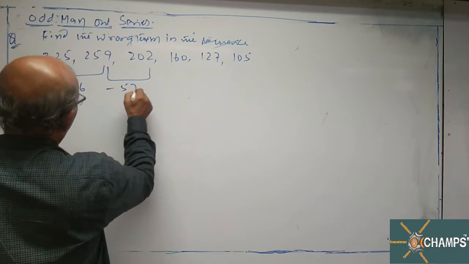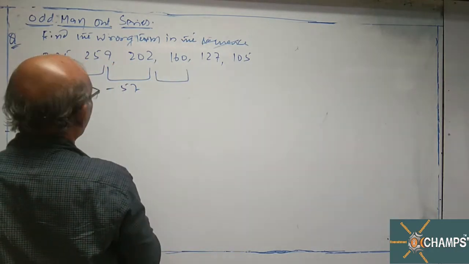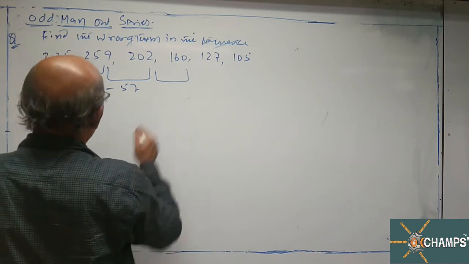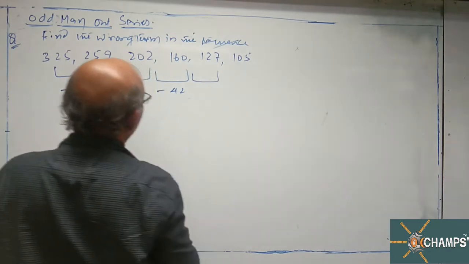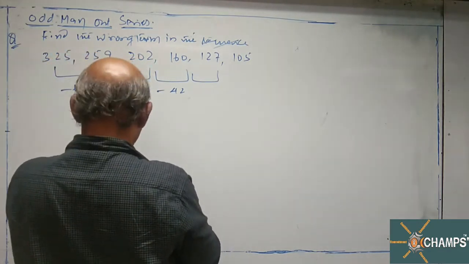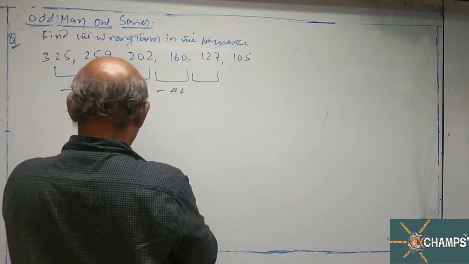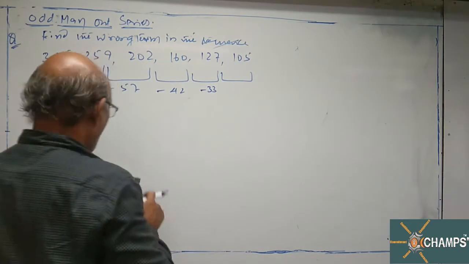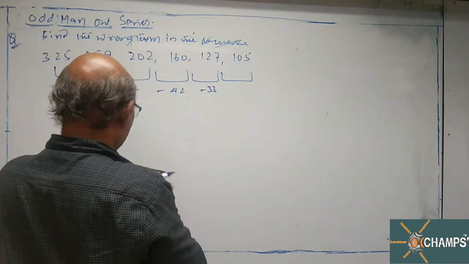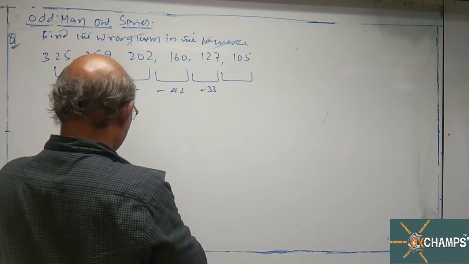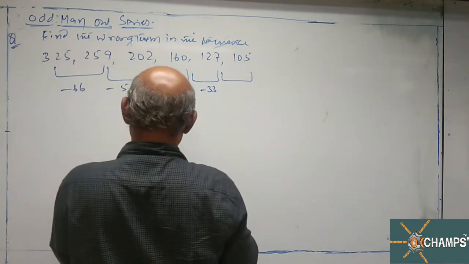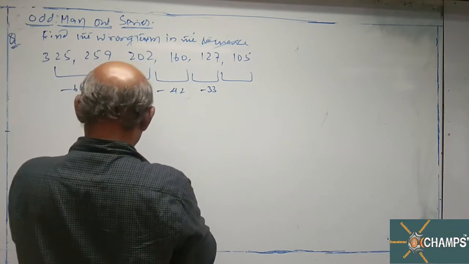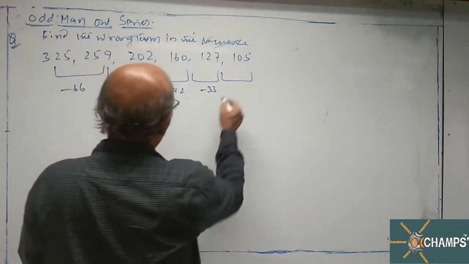This is minus 57. 160 minus 202, minus 42. 127 minus 160, this is minus 33. Sorry, this is 105 minus 127, minus 22.